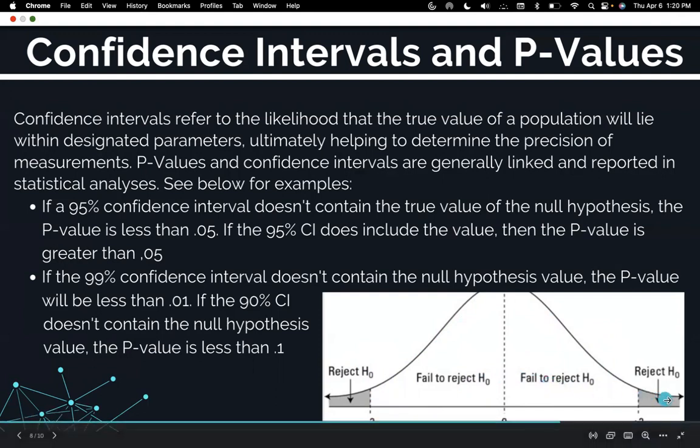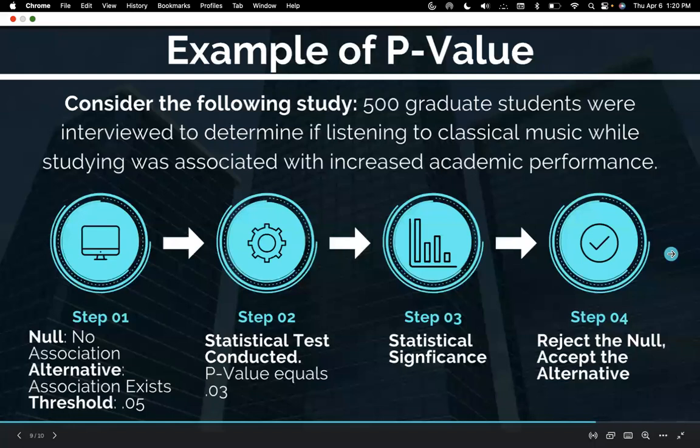But if we had a p-value fall in one of these shaded areas, which would be 2.5% of the distribution on either side, then we would be able to say that we have a value extreme enough based on our statistical significance threshold that it is unlikely to be from chance. It's more likely to be from a true statistical relationship between the variables or data sets. For that reason, we can reject the null and accept the alternative hypothesis.